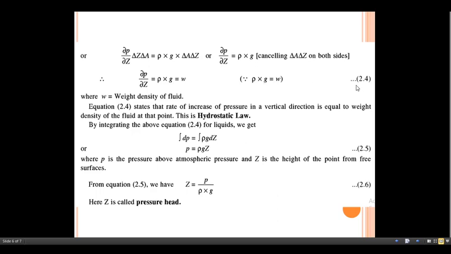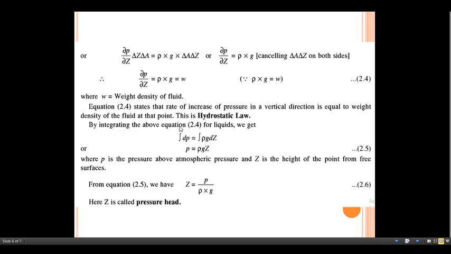Now this equation 2.4 states that the rate of change of pressure in the vertical direction is equal to the weight density of the fluid at that point. This is the hydrostatic law.